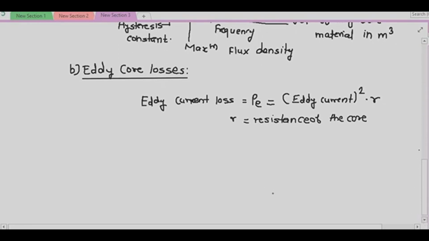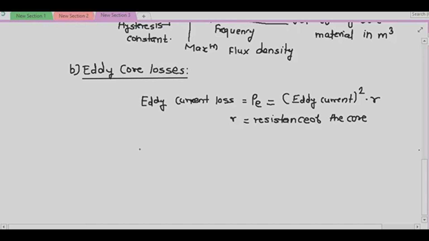The eddy current losses are normally minimized by using a laminated structure, and the core is manufactured as a stack of laminations rather than a solid iron core. These laminations are insulated from each other by a varnish coating. Hence, each lamination acts as a separate core with small cross-sectional area, and provides large resistance to the flow of eddy current.